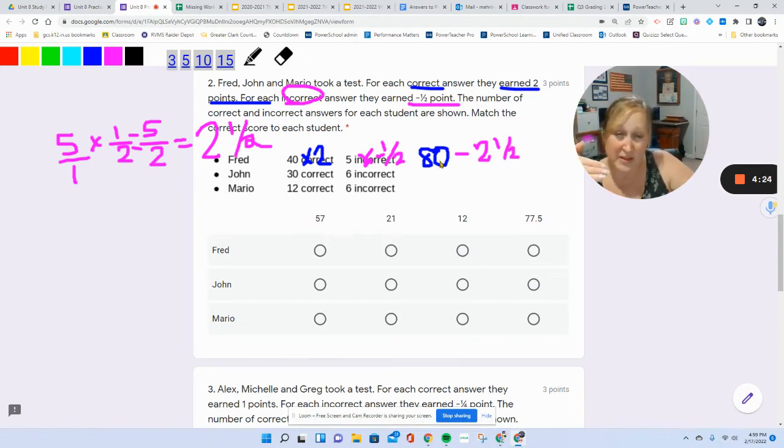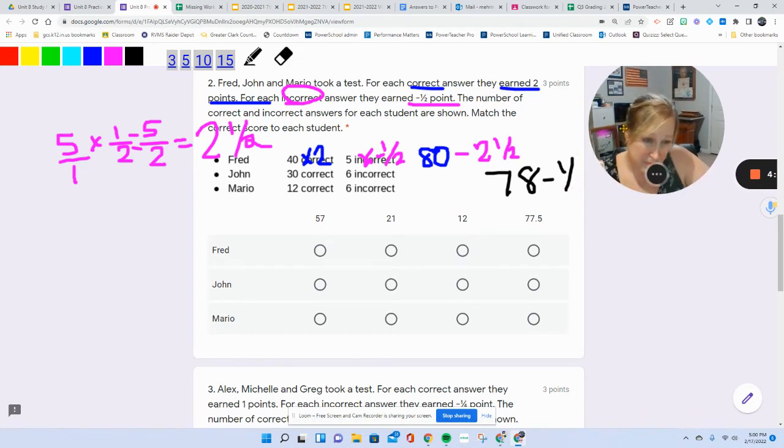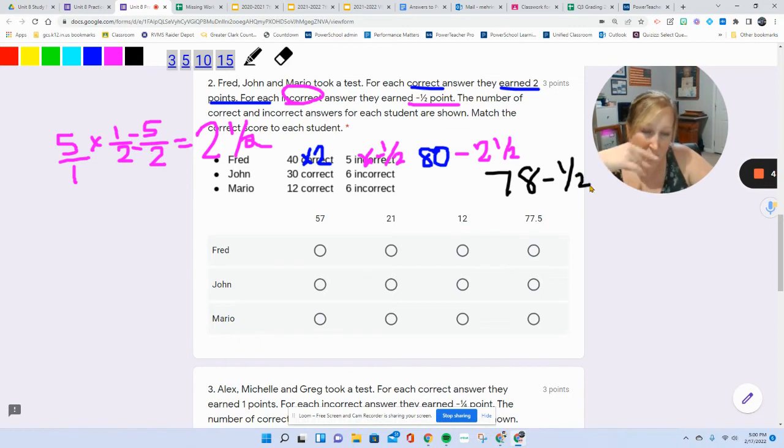And my brain has to subtract the whole numbers first. And in this case, I can. So 80 minus 2 is 78. But then I still have to subtract the 1 half. So I'm going to do 77 and 2 halves minus 1 half.